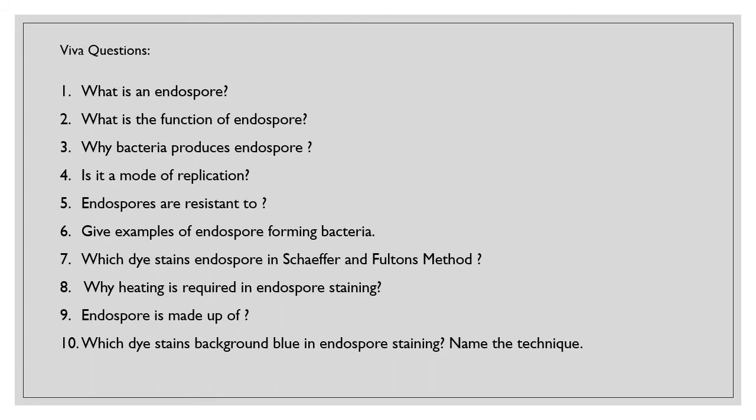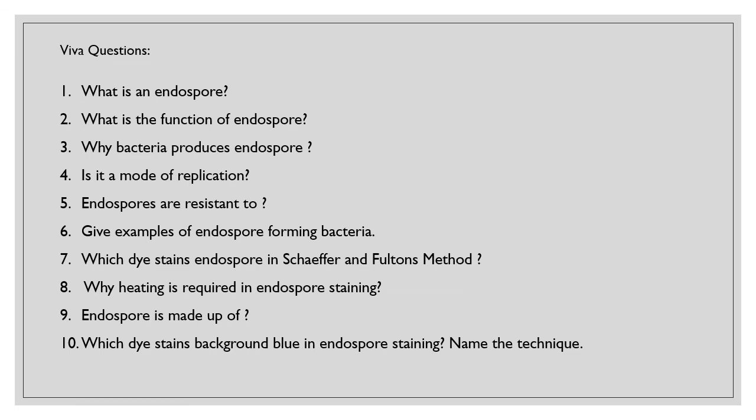It is not considered a mode of replication; it is just a means of survival for bacteria. Then, endospores are resistant to what? Give some examples of endospore-forming bacteria. Then, which stain or dye stains endospores in the Schaeffer-Fulton method, and in the Donner method?